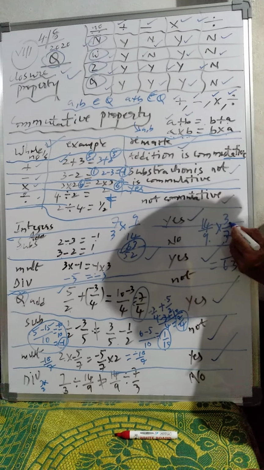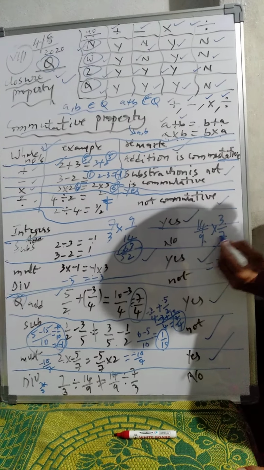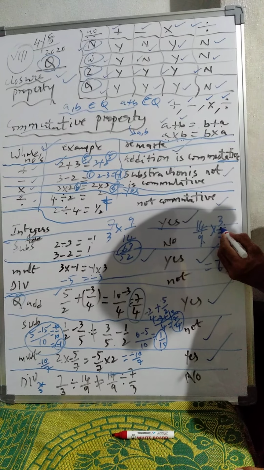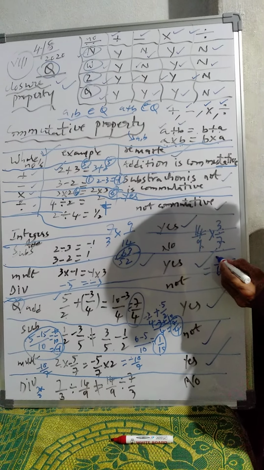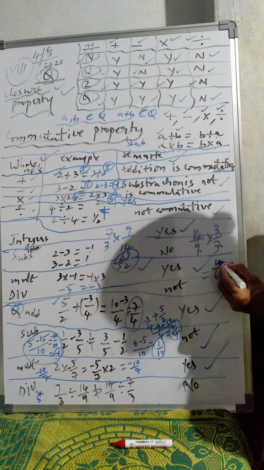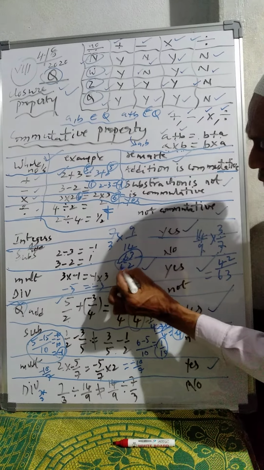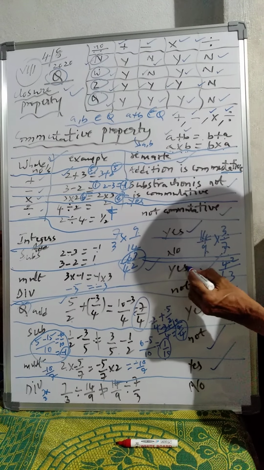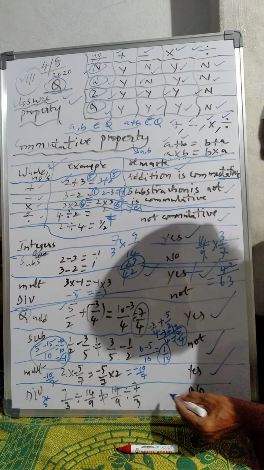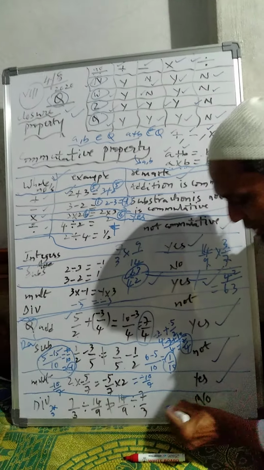And 14 3s are 42. So 42 by 63. But see, 63 by 42 is not equal to 42 by 63. So it is reversed. Hence division of rational numbers is not commutative.